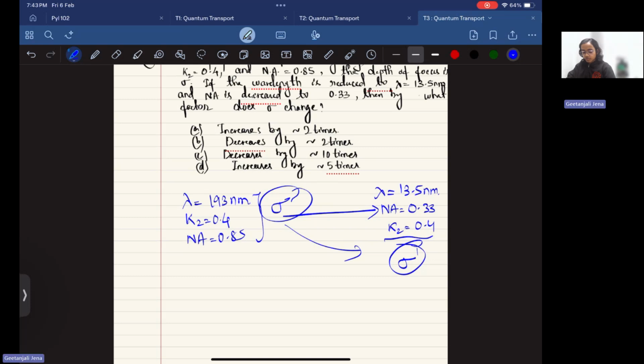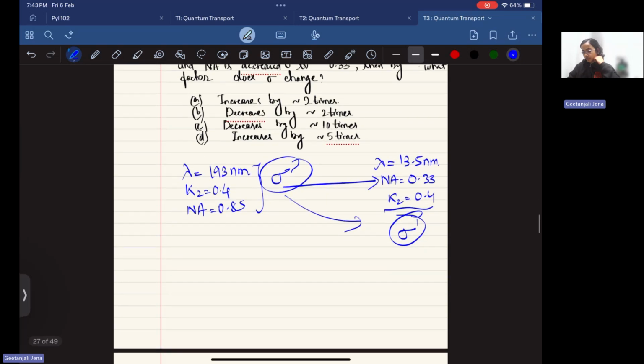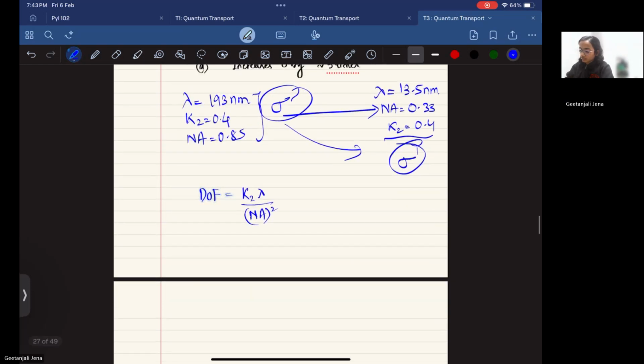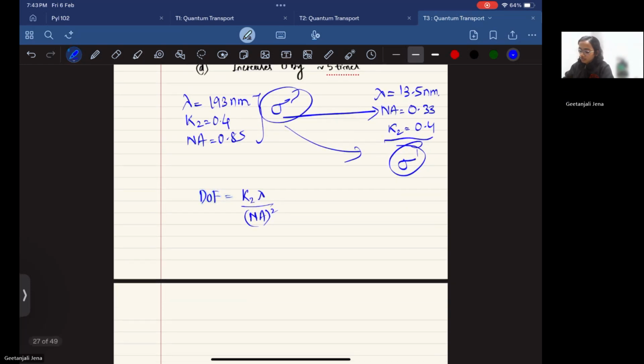So if you recall the relation, the depth of focus is given by K2 lambda by NA square. So that means the depth of focus, sigma, is directly proportional to lambda by NA square.